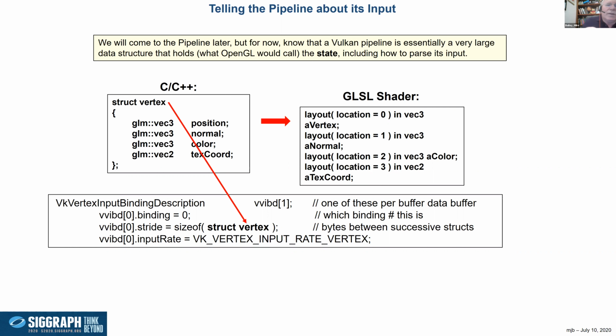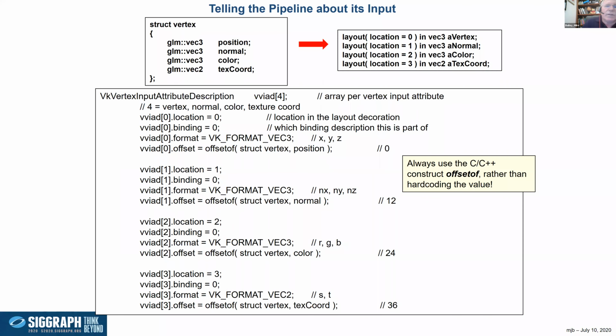And so in C, C++, if this is what we have, and we do, here's how you tell the pipeline data structure about it. Again, we will come back to this in a little bit. Here's a little more information.